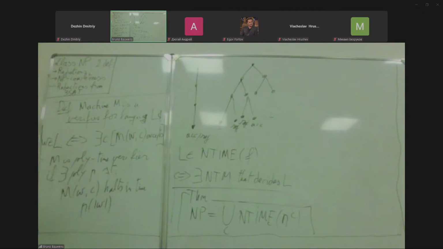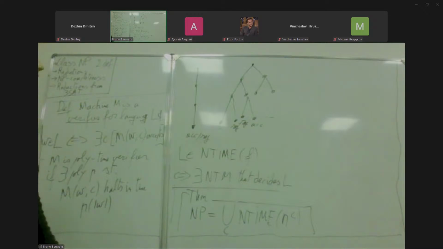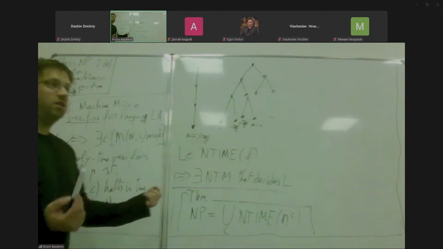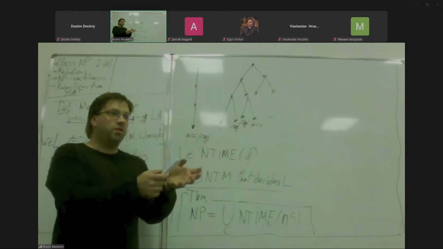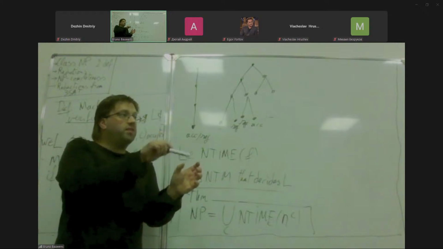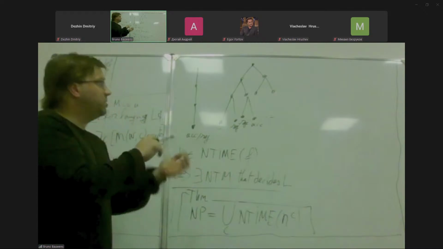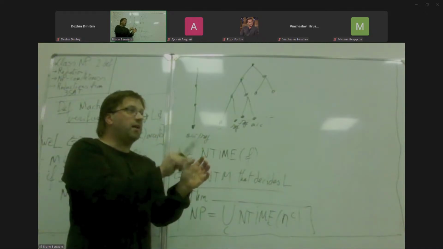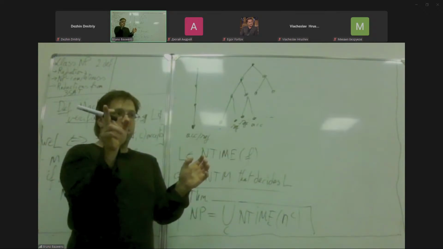Okay, so let us do an example of a non-deterministic Turing machine that recognizes the Hamiltonian cycle problem. So how does the machine operate? The machine goes to the first node of the graph, and then iterates over the neighbors of this node. The first table will say, okay, I go to this node. The second table says, no, let's go to the next node.